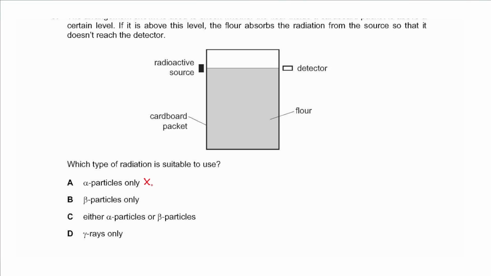The detector will always read 0. Beta particles are suitable because they are more penetrating than alpha, but not so penetrating that they will go through the flour and reach the detector. But gamma rays are very penetrating, so they can go through the cardboard and through the flour without decreasing. And again, alpha particles cannot be used, so the answer is B, beta particles only.